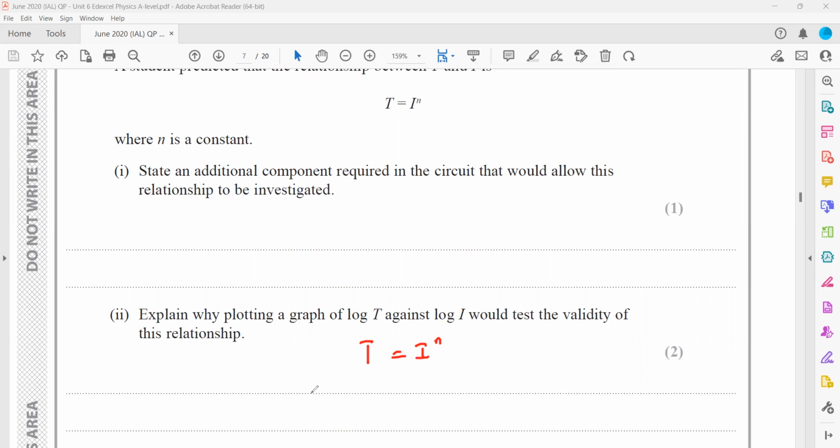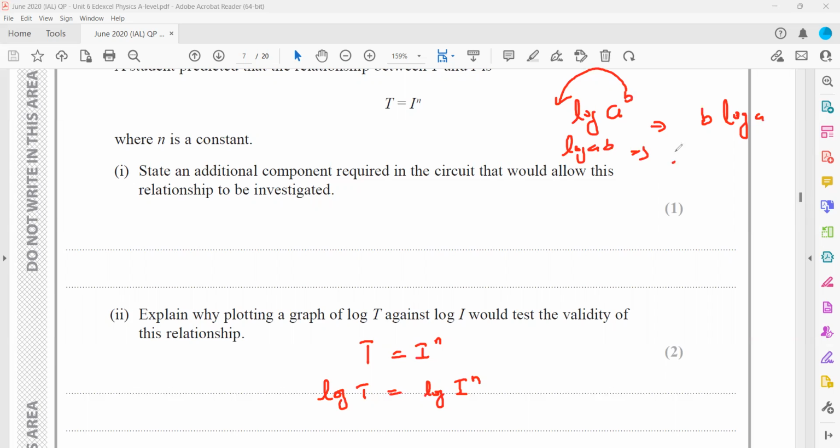If we take log both sides, this will be log T equals n log I. For a logarithm, when log a raised to power b is there, the power becomes a coefficient, so it turns into b log a. If it were log a into b, that would be written as log a plus log b. But here n is a power, so it becomes a coefficient. So log T equals n log I.